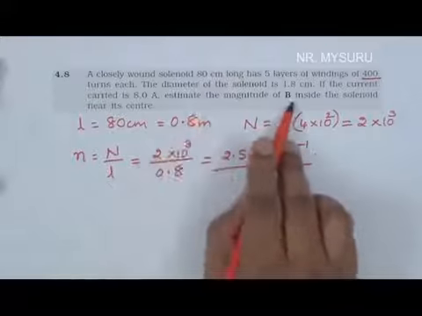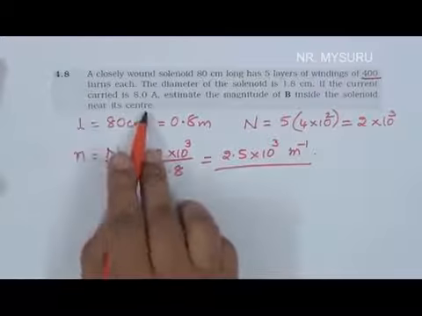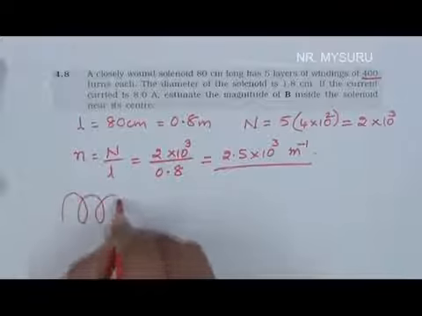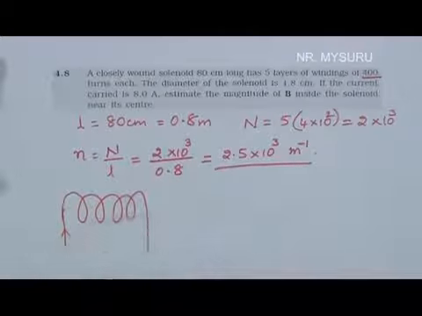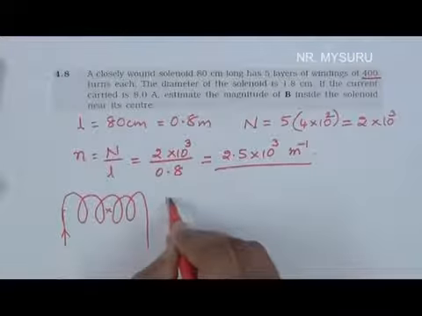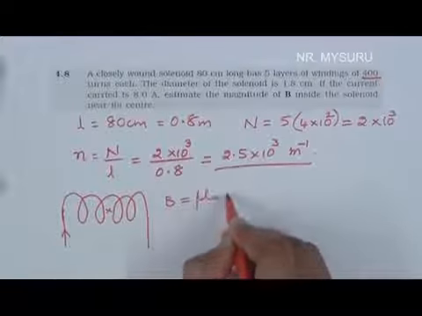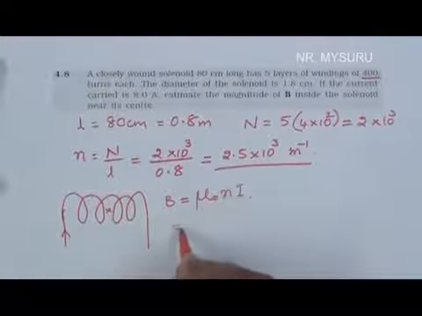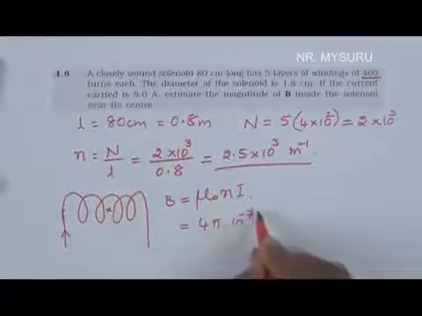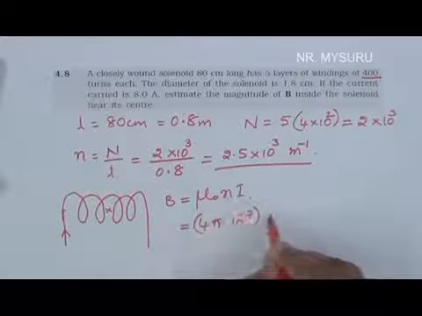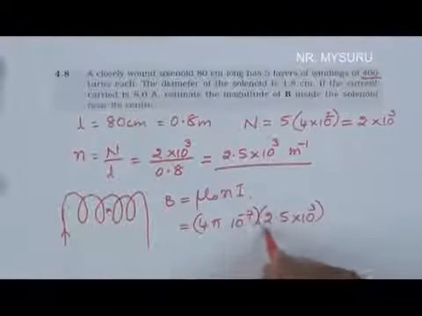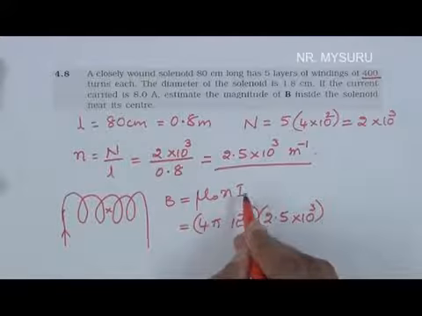Estimate the magnitude of the magnetic field inside the solenoid near the center. So this is a solenoid with 5 layers. Therefore, the magnetic field inside the solenoid is given by μ₀ni. μ₀ is 4π × 10⁻⁷. The number of turns per unit length is 2.5 × 10³. The current through the solenoid is 8 ampere.